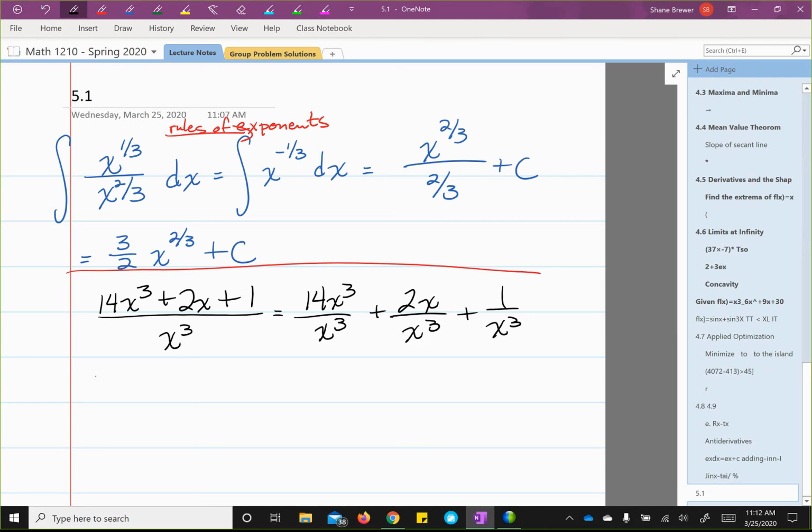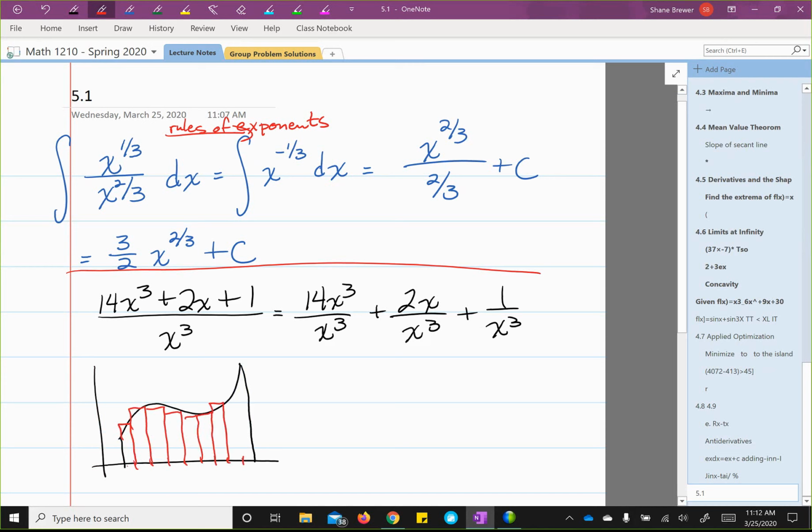We have a curve, and I want to find the area under the curve between those 2 points. The game we played was we divided this up into however many intervals, and then we used the right hand or left hand to create rectangles. We found the area of each of those rectangles, added them up, and that gave us an approximation to the area that we wanted.